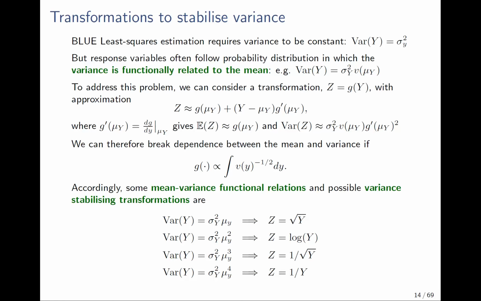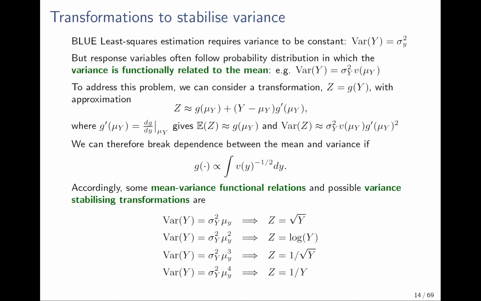But response variables often follow probability distributions in which the variance is functionally related to the mean, as shown here. So the variance of y is sigma squared times some function v of the mean mu y. So it doesn't have this nice property here, but it's just a constant term. It's a constant term times some function of the mean. And the question is, what can we do when this happens?